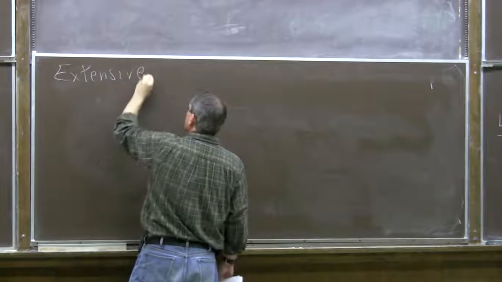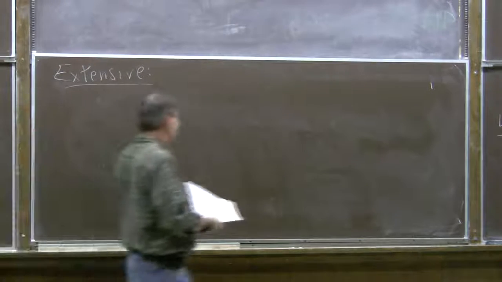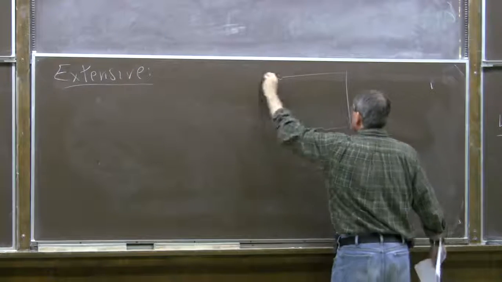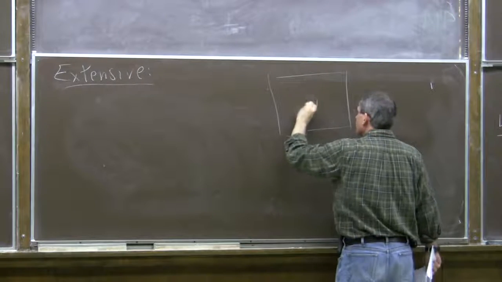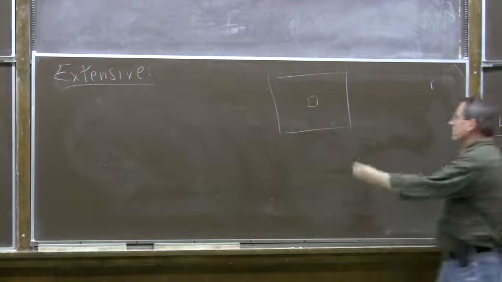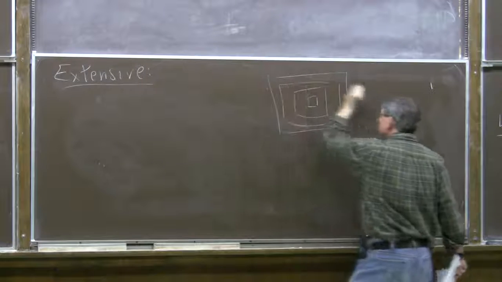So extensive quantities have a value which scales linearly with the system size. So here's a big system. Actually, let's suppose I consider a small subsystem, a box that contains part of the system, and then I let the box get bigger and bigger.